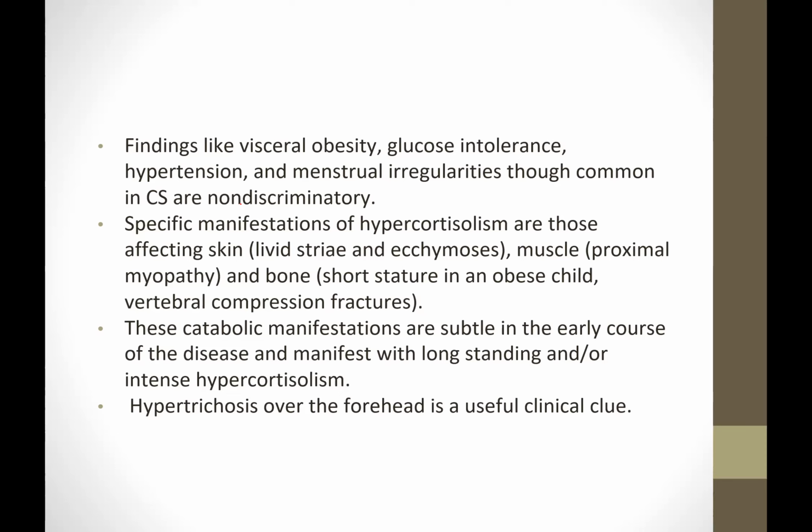Now, what he is saying is that the common findings are not very useful because they are very common and non-discriminatory. What is very specific to Cushing's? Skin changes, livid striae and ecchymosis. We will see a picture of that, and proximal myopathy, and then short stature in an obese child.